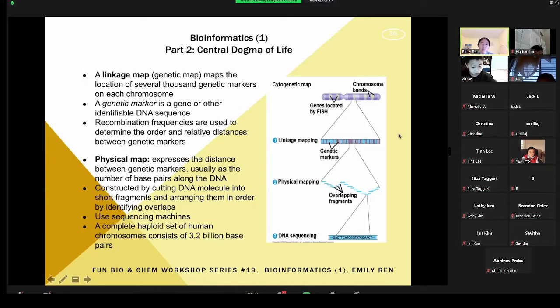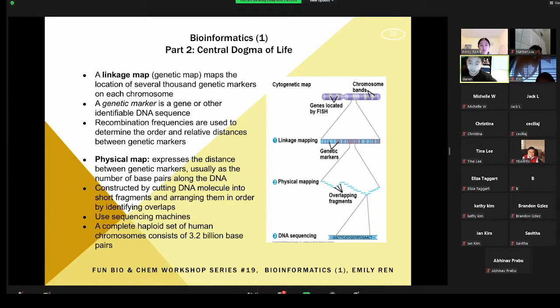For linkage mapping, as you can see here, a linkage map maps the location of many genetic markers on each chromosome, and a genetic marker is a sequence on DNA that can be identified by scientists studying that DNA. It looks like a barcode.